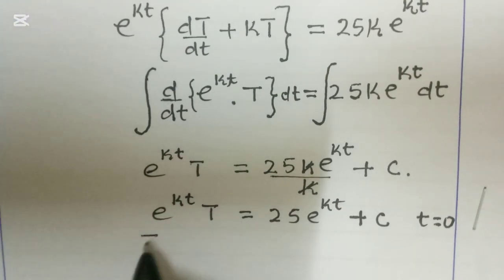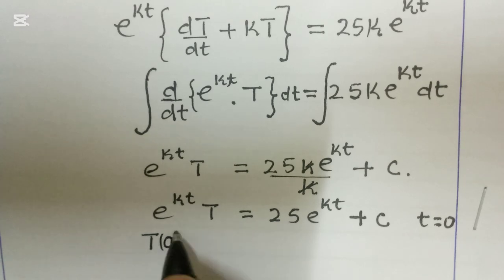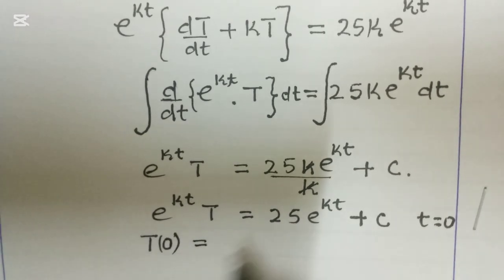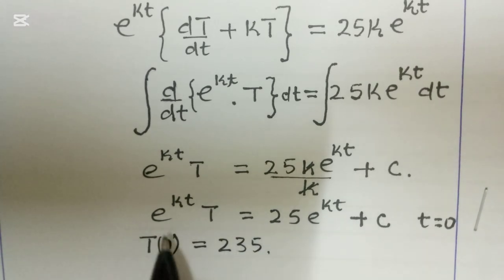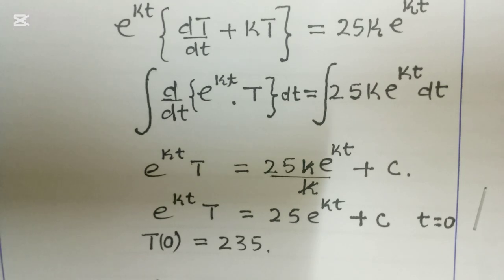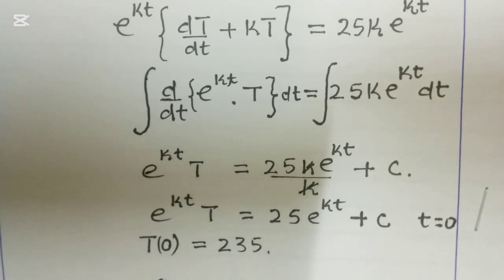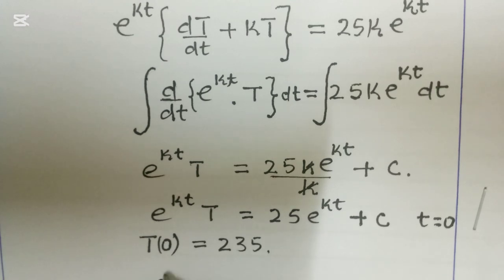We can say T0, where 0 is represented by the temperature. This one gives us 235. So we can come and now replace here. If we replace here, we shall have e, then t is going to be 0. So this one is now going to be 1. That is going to be 1.